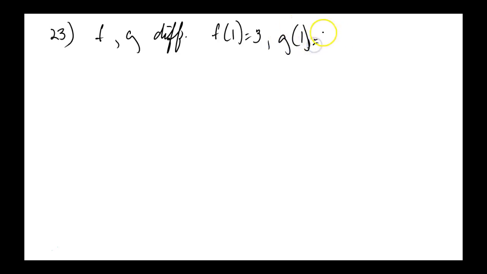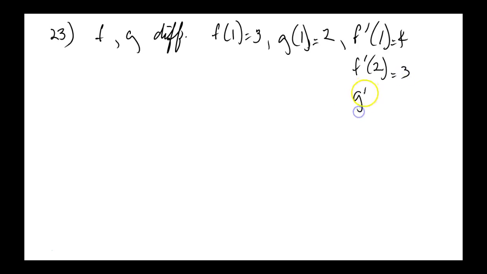If f and g are differentiable functions where f of 1 is equal to 3, g of 1 is equal to 2, f prime of 1 is equal to 4, f prime of 2 is equal to 3, g prime of 1 is equal to negative 2, and g prime of 3 is equal to 5.